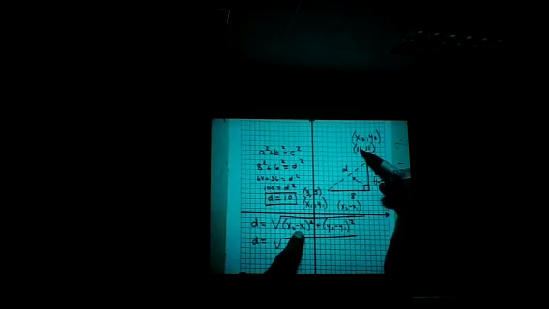So the distance is the square root of, let's see, x2 minus x1, that's 11 minus 3, and y2 minus y1, that's 11 minus 5, squared. So I get the square root of 8 squared and 6 squared.